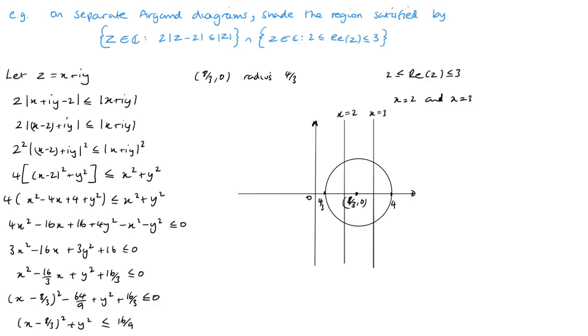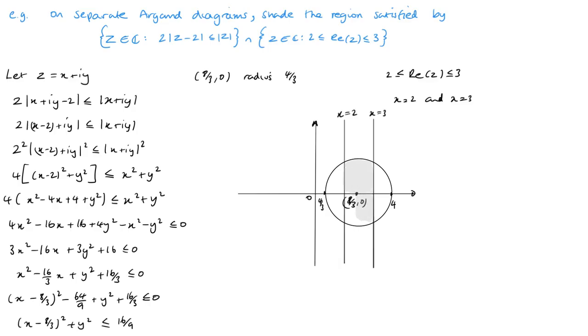So this is now shaded within the circle, so the whole circle will be shaded if I just had this one, and shaded between these two lines, so all of between these two lines will be shaded if I just had this one. Putting them together, I get the shaded area between the two lines that then stays within my circle.